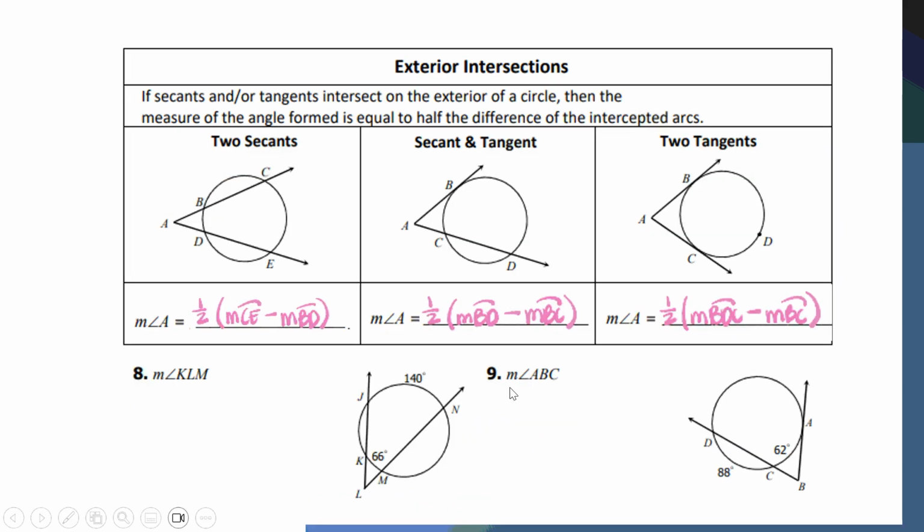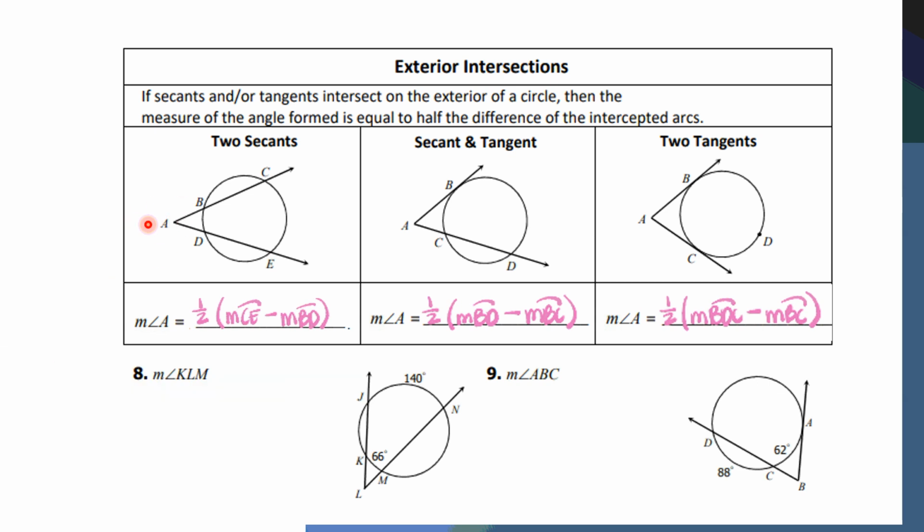On to the next, we have exterior intersections. So we've done interior intersections, on the circle intersections, and now exterior intersections. So if you have 2 secants, a secant and a tangent, or 2 tangents, where basically they come from some external point, okay? And all of these are really saying the same thing. So I'm going to put this in a more general way.